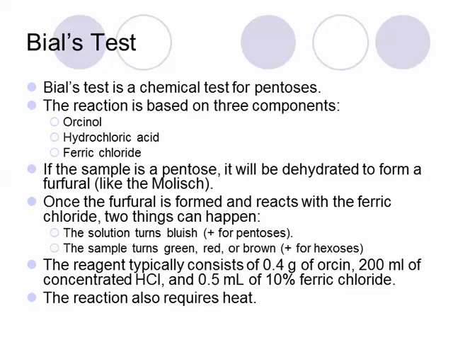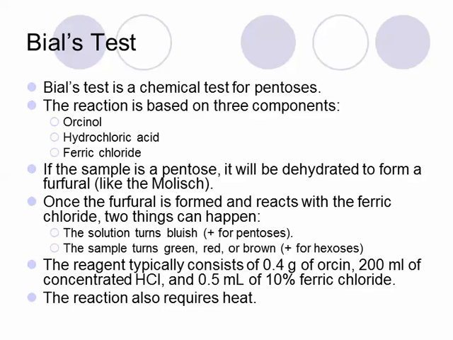So we see kind of an array of different colors that can happen there. But if it turns blue, and that's really the only color that you're looking at, is the blue color. If it's blue, then this is the positive test for a pentose. If it's green, red, or brown, or any mix of all of the above, then that is the positive test for a hexose.